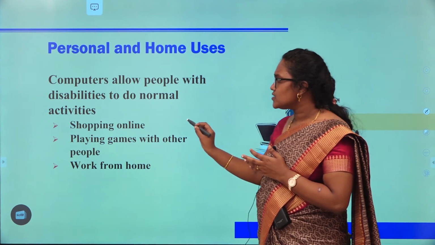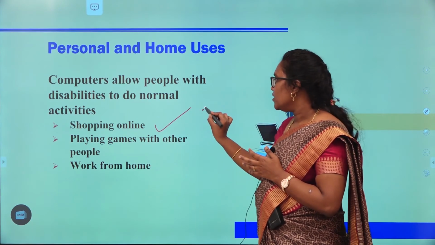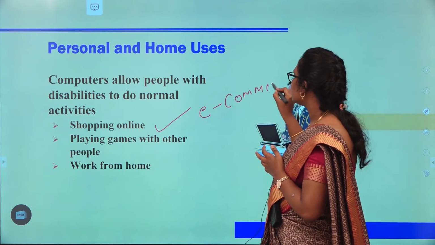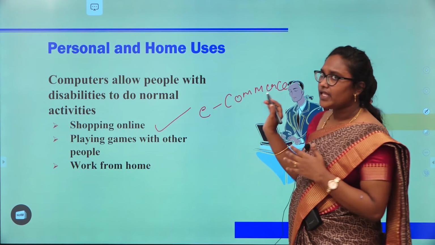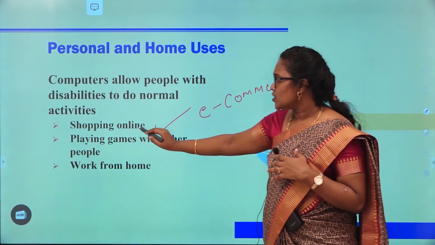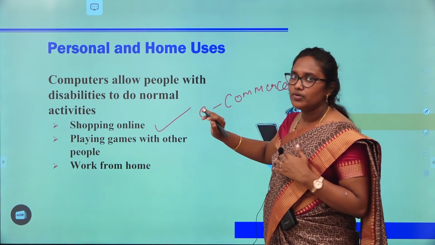For personal works we shop online, which we call e-commerce. E-commerce is nothing but buying anything with the help of the internet, right? So online shopping is a basic personal home use.